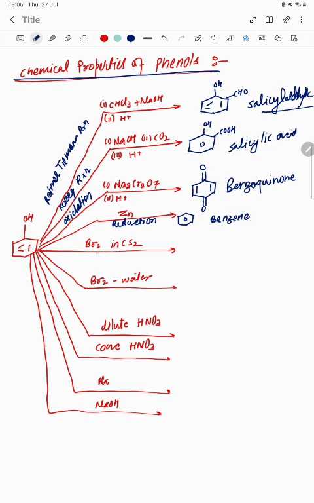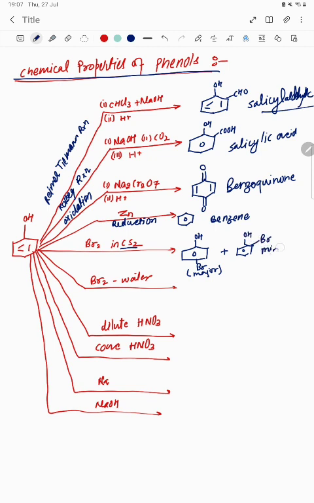Next, if you are treating phenol with bromine in carbon disulfide, which is a non-polar solvent, it will give monosubstituted bromophenol. OH will be here and Br will be here. This is the major product. The OH group remains as it is, and Br can also be at the ortho position.